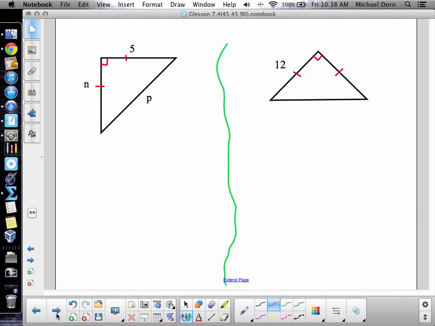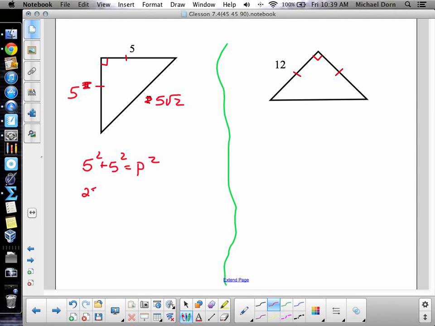So let's see how that works very easily in a couple rather simple examples. This side is 5, this side n and p. Well, these sides have to be congruent, so n must be 5. And p must be 5 root 2. But let's prove it, just to be sure. If I were to set up my Pythagorean theorem, it would be 5 squared plus 5 squared equals p squared, right?